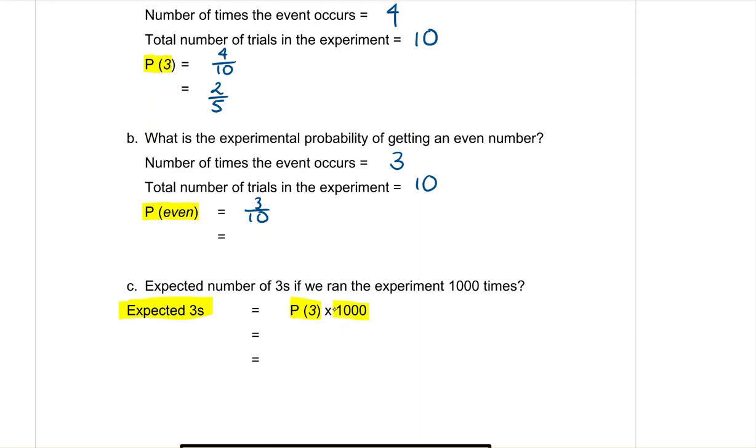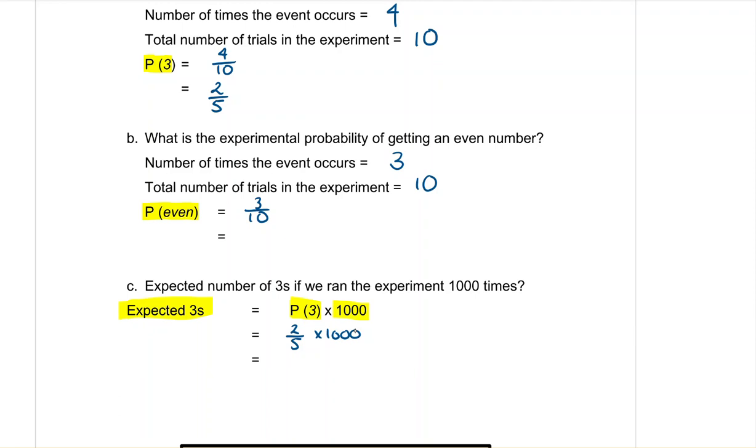Because it told me I did the experiment 1,000 times. I just calculated the probability of getting a 3. It was 3 out of 10. No, it wasn't. That was the even ones. The 3s was the 2 out of 5. That was part A. I was looking at the wrong one. I want to times that by 1,000.